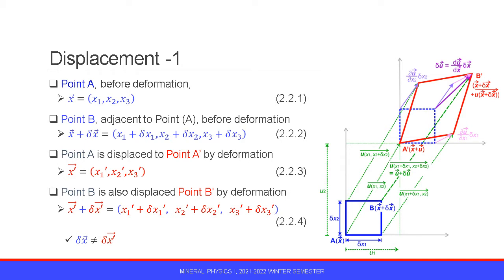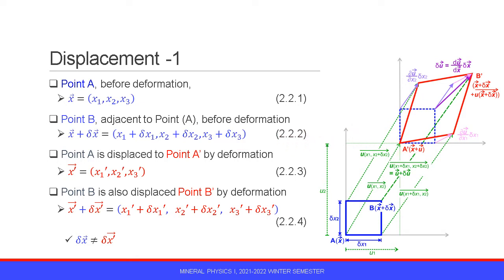Let us consider the point A, whose coordinates are x sub 1, x sub 2, x sub 3, and point B, which is expressed using the position vector x plus delta x, whose coordinates are x sub 1 plus delta x sub 1, x sub 2 plus delta x sub 2, x sub 3 plus delta x sub 3, equation 2.2.2.